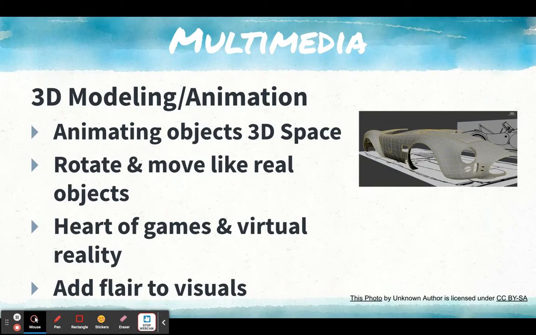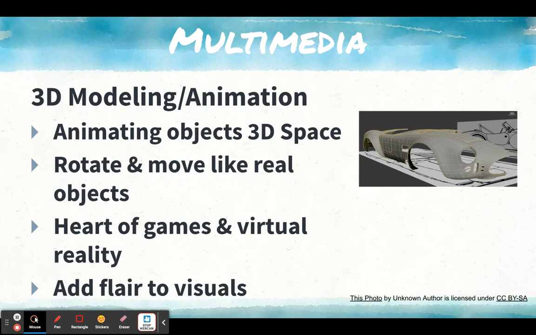3D modeling and animation means animating objects in 3D space. It rotates and moves like real objects. So if you see that card on the right-hand side, you can move it around 360 degrees to see the inside, or maybe see the bottom. It's wonderful to be able to work with this and actually see objects like this and print them.